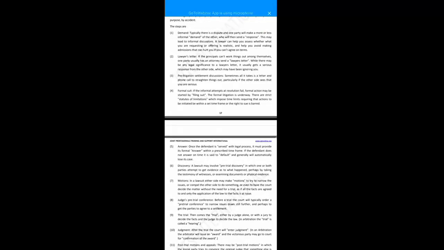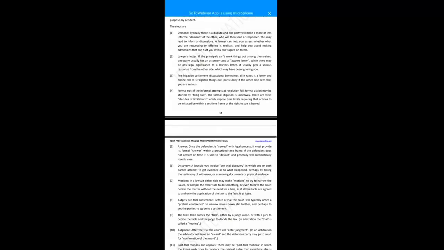Discovery, that is, a lawsuit may also involve pre-trial discovery. That is, one or both parties will attempt to get evidence either through a witness's testimony or by examining documents and asking for physical evidence.